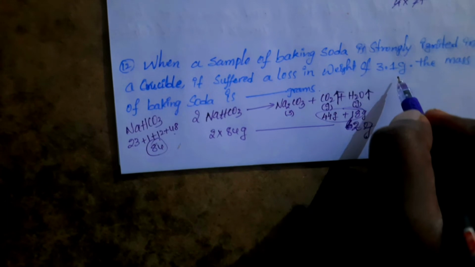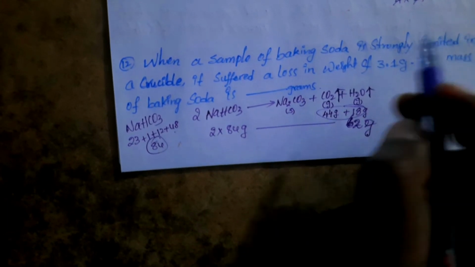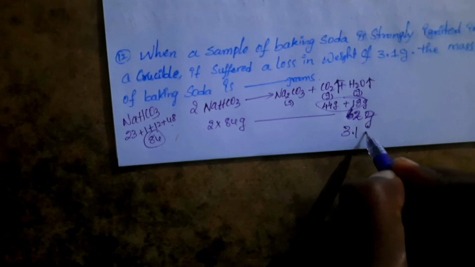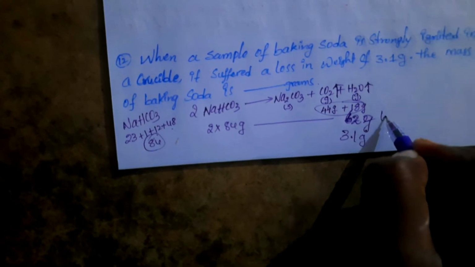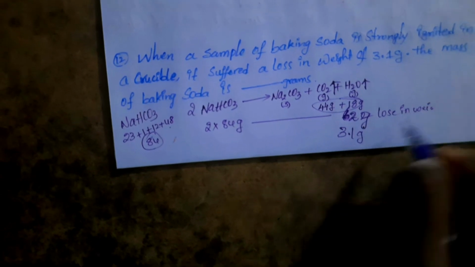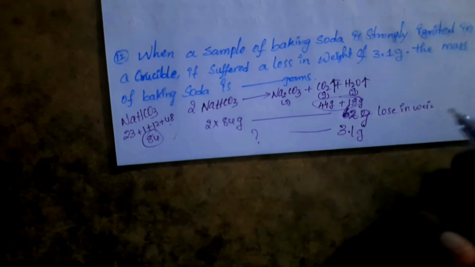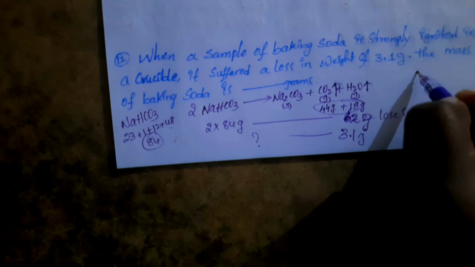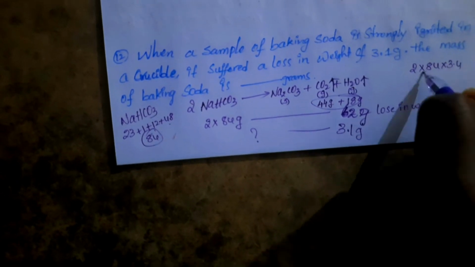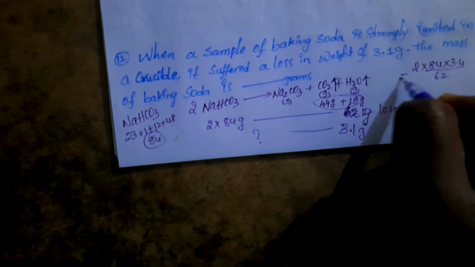So for a sample which lost only 3.1 gram of weight, it is a loss in weight. For a loss of 3.1 grams, how much baking soda? That is 2 into 84 into 3.1 by 62, which is nothing but how much?